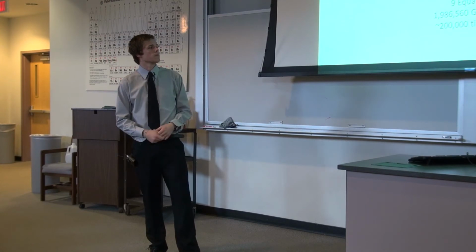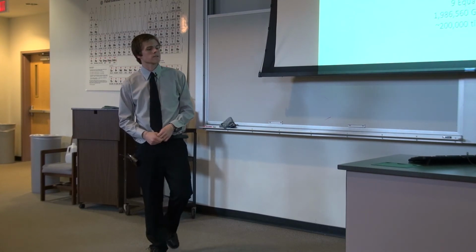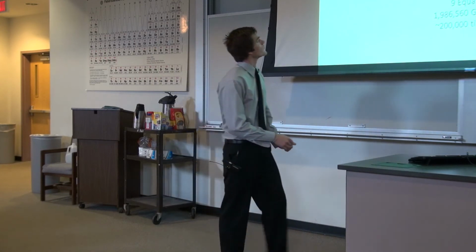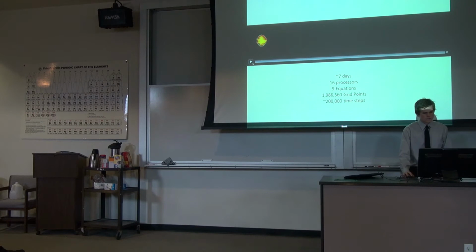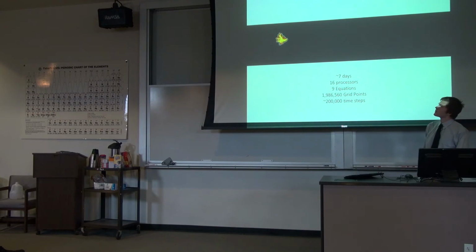In this simulation, there's about 200,000 different time steps. So it's a crazy amount of computational power going into just this one simulation. And this is what we end up with. Oh, and you're looking at the density distribution. Where's the black hole? You can't see it, you'll see it in a second.